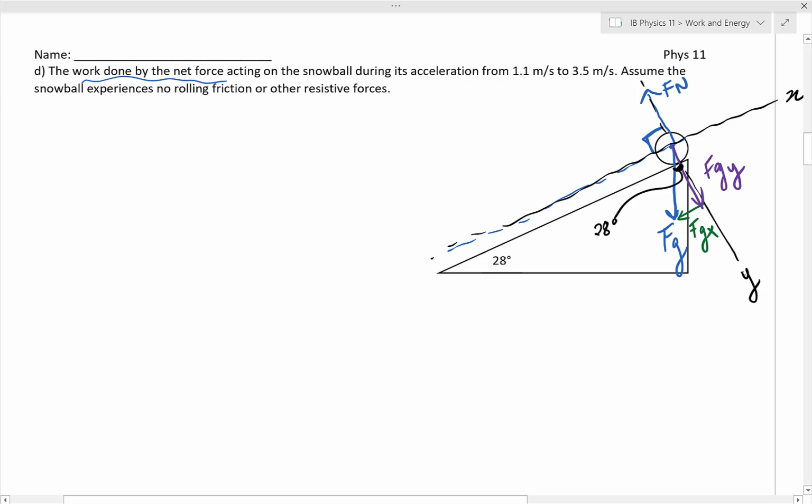Since the snowball will only be going down the incline, it will not be accelerating up or down or anything, so the net force would be going down the incline, which is only our Fgx. Notice Fgy and Fn will balance, given the fact that the snowball will not be accelerating along our y-axis. So our net force will be just Fgx.